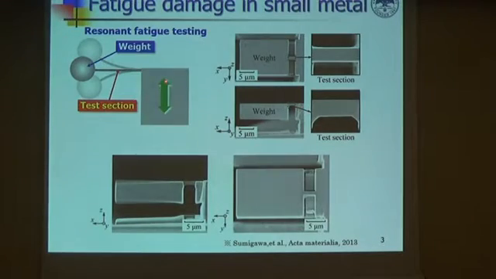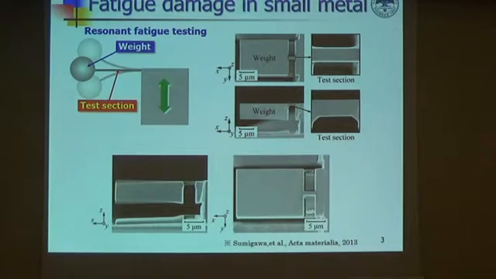So in the previous study, we conducted a resonant fatigue experiment for small metal material. This is a specimen. This is a weight to reduce the resonant frequency. And the test section is located here. In this experiment, the specimen is oscillated like this.